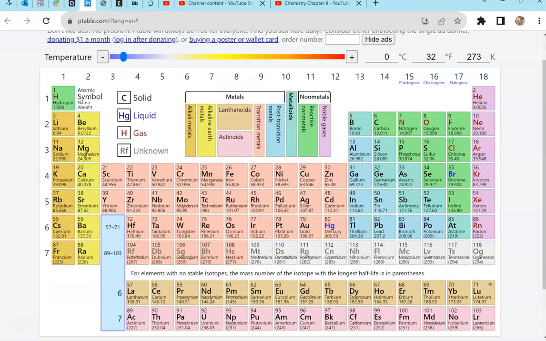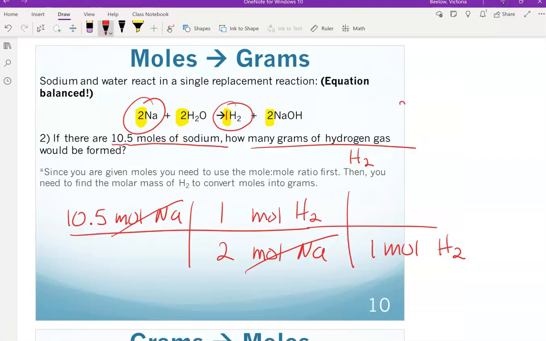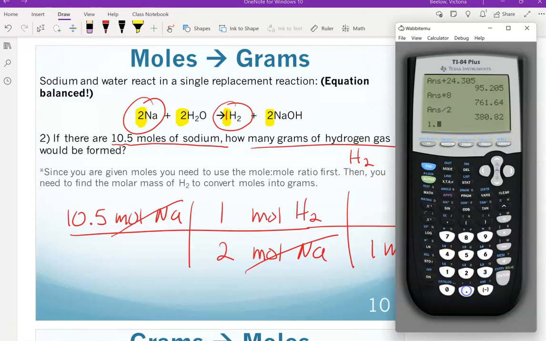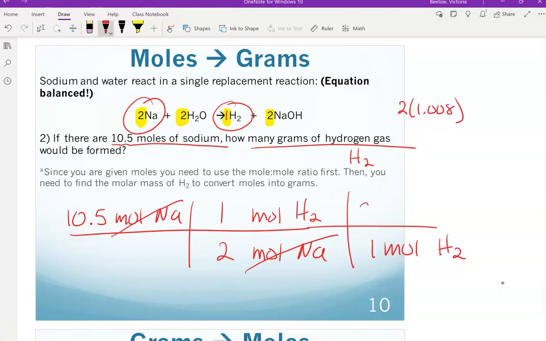So hydrogen is 1.008, and we have to multiply that by 2 because the formula is H2. So I'm going to do 1.008 times 2, so 2.016 grams of hydrogen gas. So all we did was convert now moles into grams.